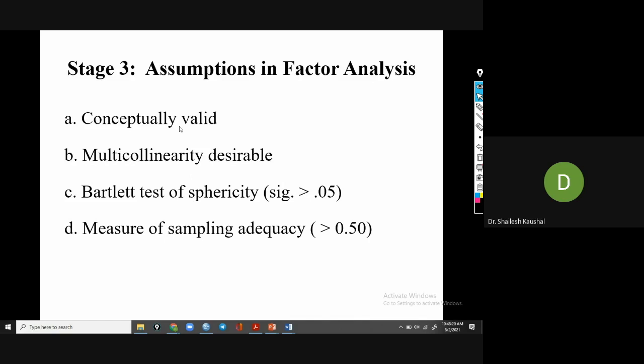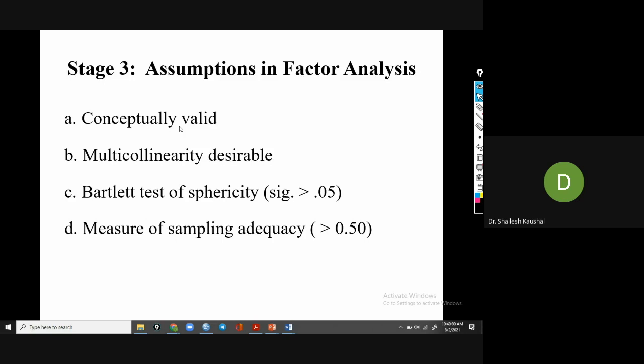All the questions should be related to the original SERVQUAL model: tangibility, reliability, responsiveness, assurance, and empathy. We should not take other concepts, such as questions related to attitude, subjective norm, or other constructs. So whatever questions we take to apply exploratory factor analysis should be based on the concept.